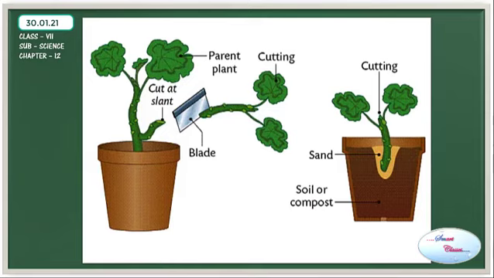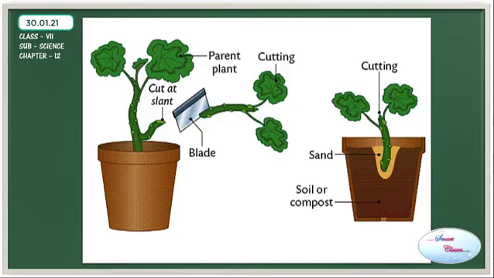After some time, that portion starts growing and forms into a new plant, which means that a new plant has been reproduced with a small portion of the parent plant. But what kind of reproduction is this? This is asexual reproduction because we obtained a plant without the production of seeds or spores.